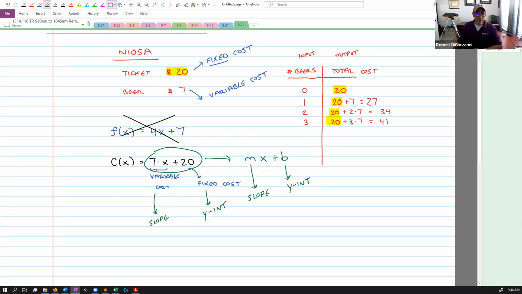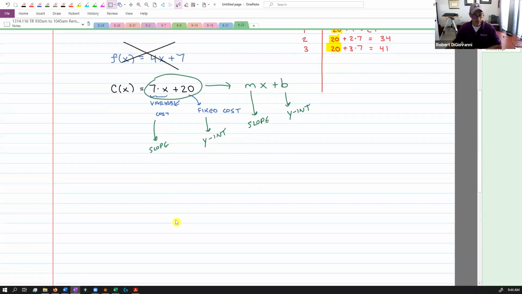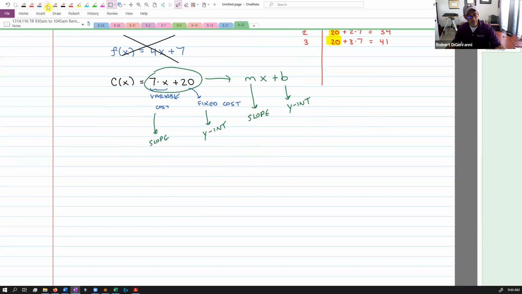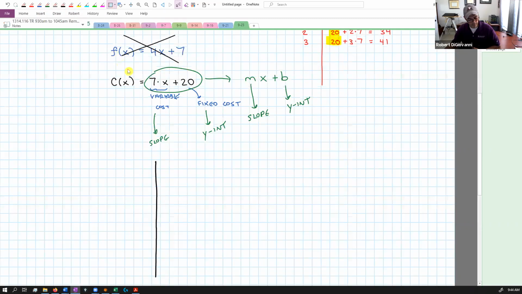We can graph this cost function. Let's do it. Let me put a grid here. If I graph this cost function, I start at the y-intercept.